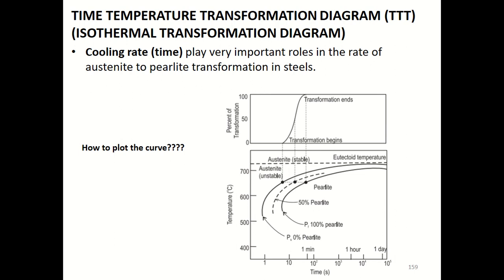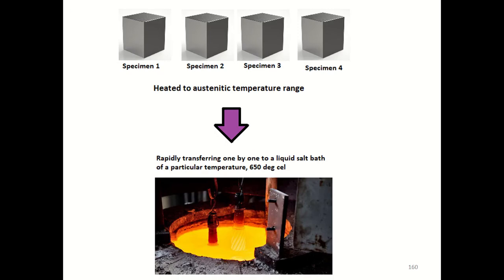After that we can come to what each curve means. In order to plot this curve, we take a number of specimens. Say, as you can see in this image, let us take 4 specimens. Now what we will do is heat each specimen to the austenitic temperature range.